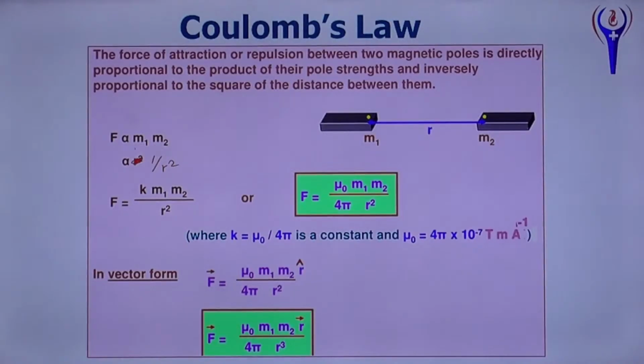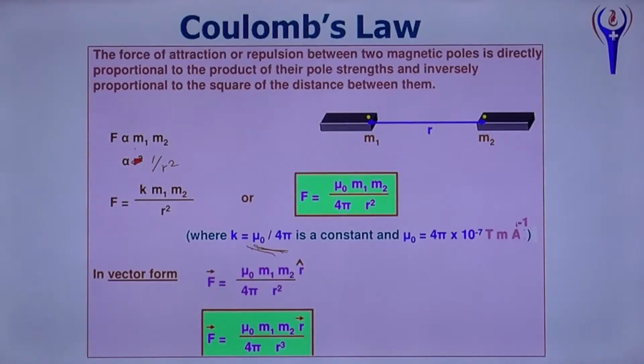Then F equals K into M1 into M2 by R square. Here K is a constant, just to remove the proportionality, and its value is mu naught by 4 pi. Substituting, F equals mu naught by 4 pi into M1 into M2 by R square.